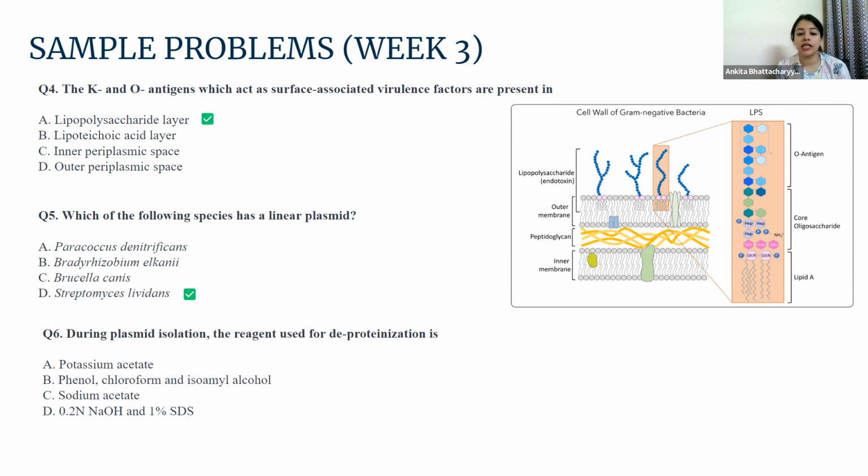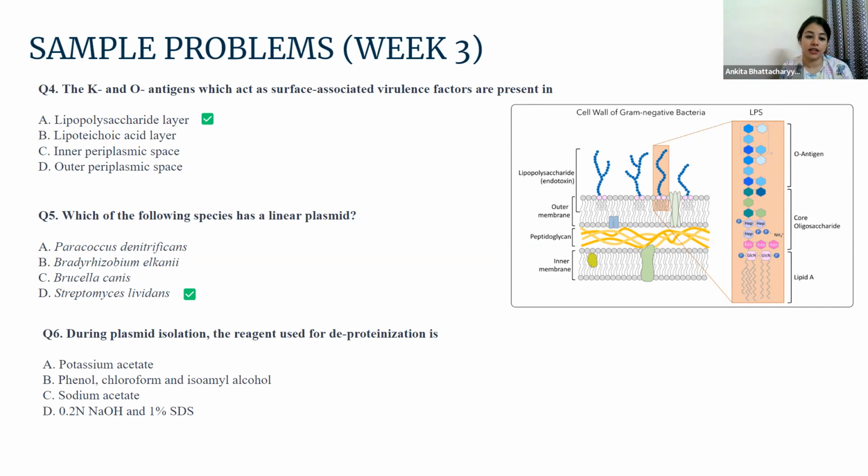The next question is about the process of plasmid isolation. The question is asking about the reagent used for deproteinization. If you go through the process of isolating DNA, you will see that there are several very distinct steps.